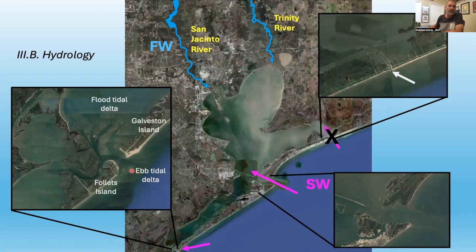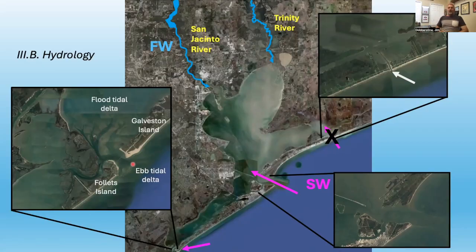If you've been down there, this is an interesting pass in part because you get these tidal deltas that occur here because the nature of this pass is pretty shallow. And so you can actually see in this image here some channels.